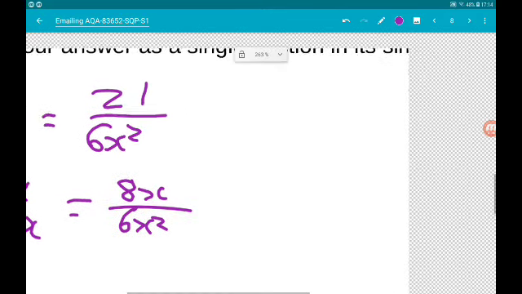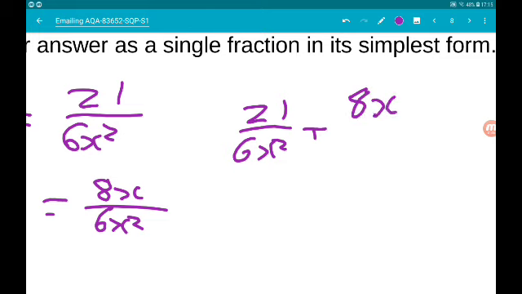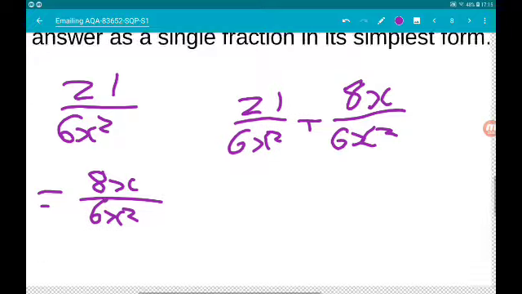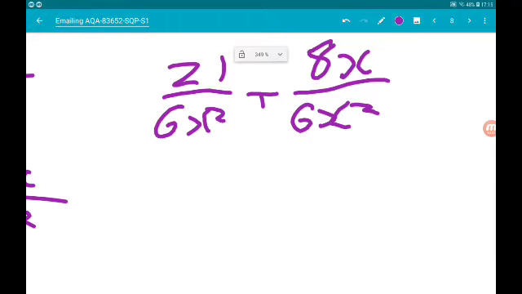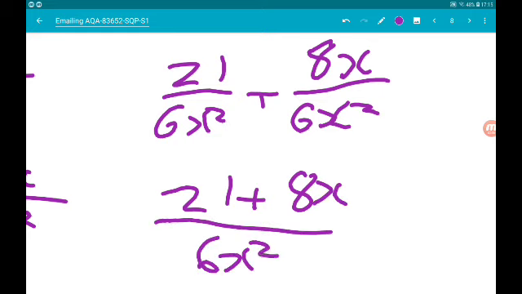So we've now got 21 over 6x squared, add 8x over 6x squared, which is going to give us 21 add 8x over 6x squared. We can't simplify that at all, so job done.